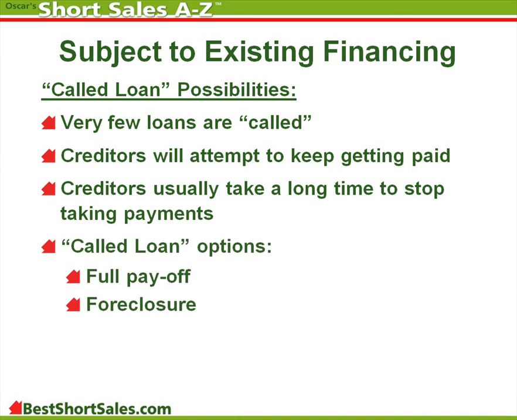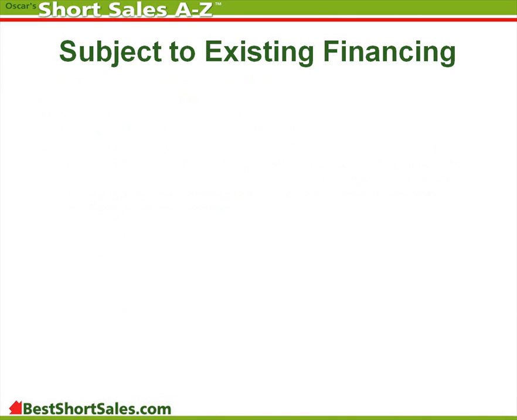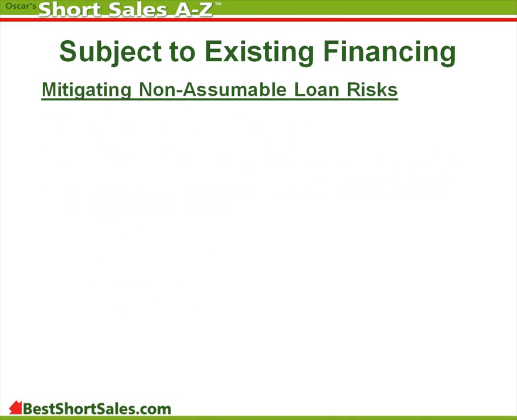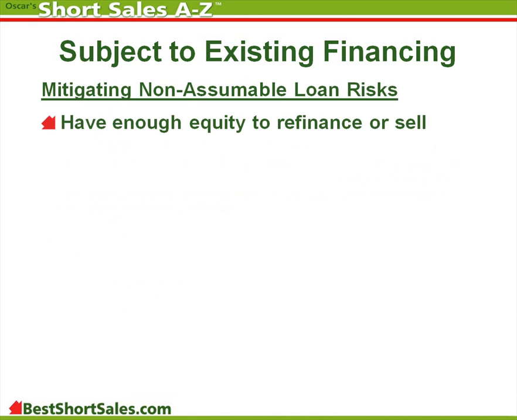The only options for a called loan are full payoff or foreclosure. Mitigating non-assumable loan risks. The non-assumable loan risks cannot be eliminated but can be mitigated. The best is to have enough equity to be able to quickly refinance or sell. Do not overinvest in the property.